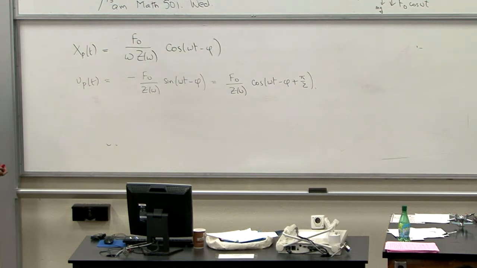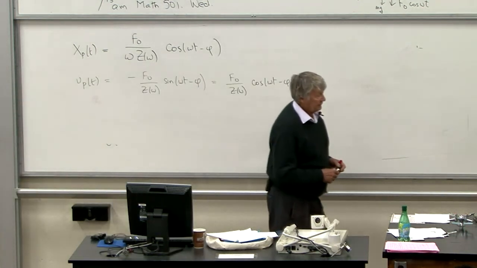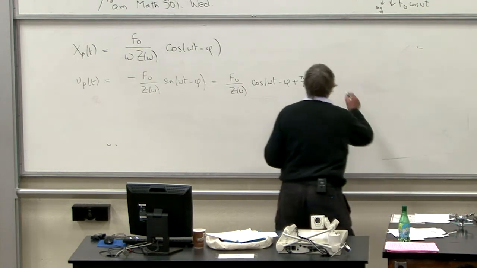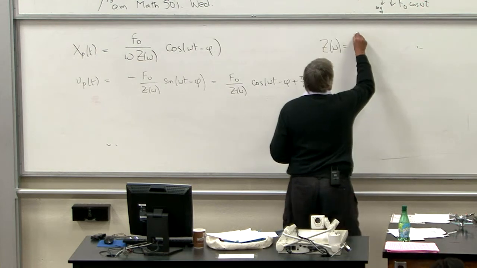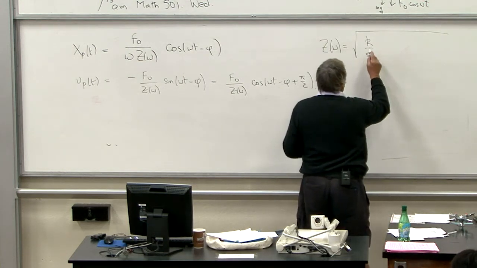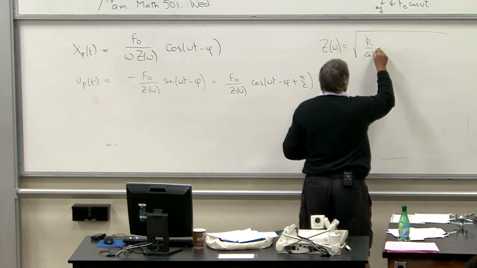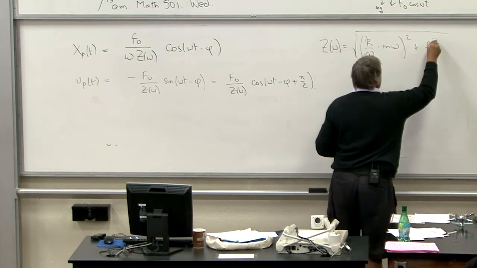Now, let me write down what Z(omega) is again here. It's the square root of (k over omega minus m omega) all squared plus b squared.